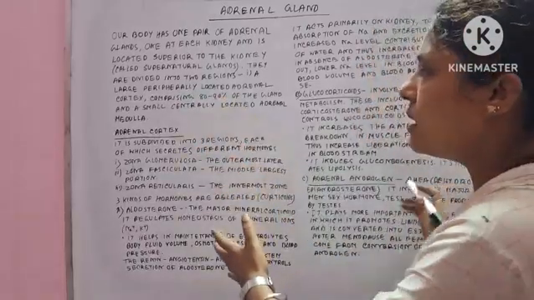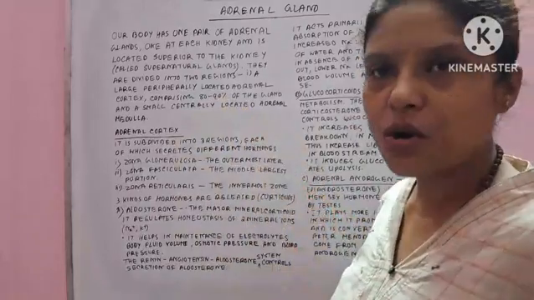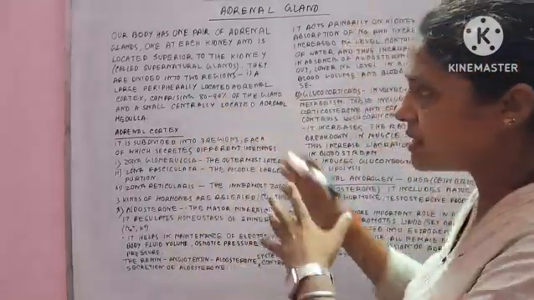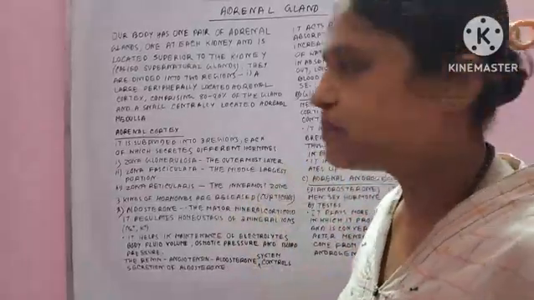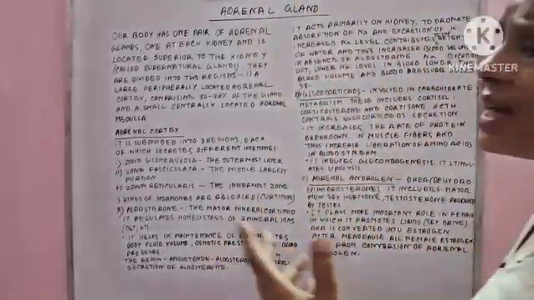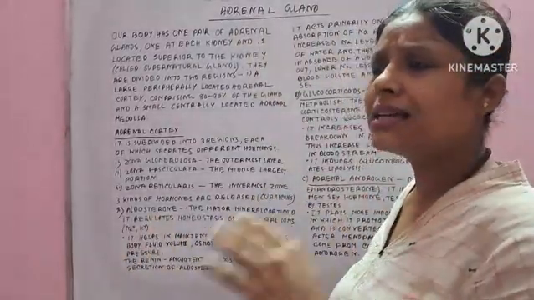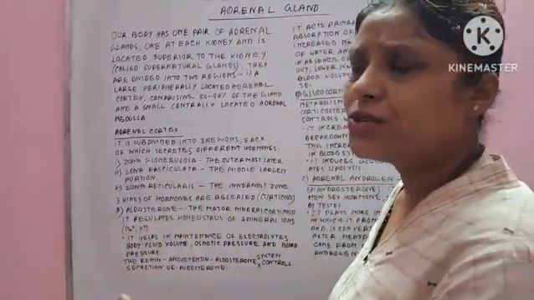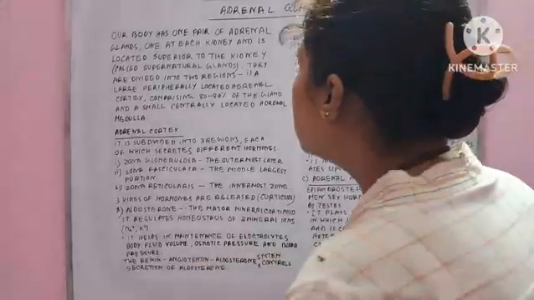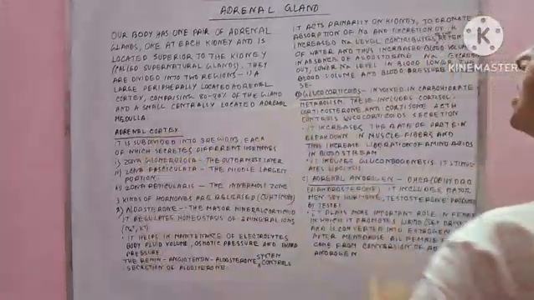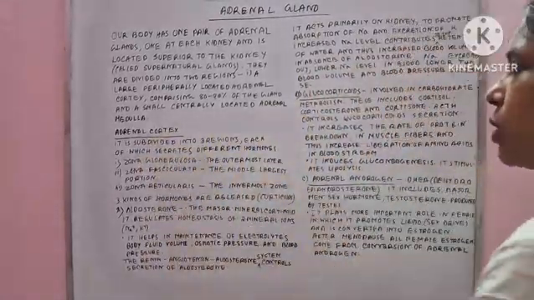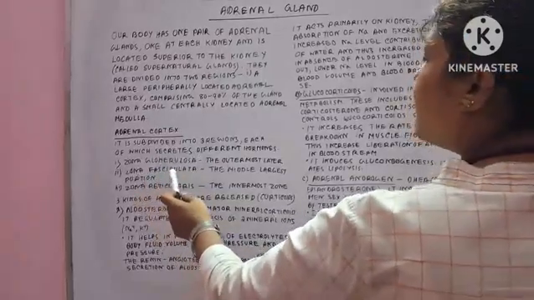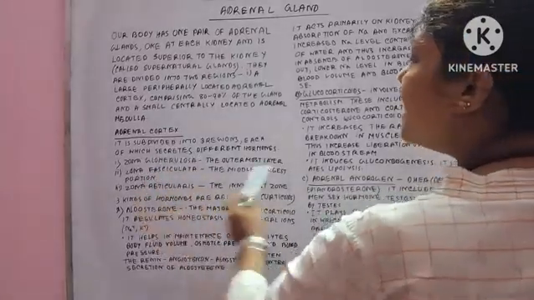So here the topic is only the adrenal cortex, and I will explain the hormones related to the adrenal cortex and its structure. The adrenal medulla I will try to explain in my next video. Okay, so what is the adrenal cortex? It is subdivided into three regions: zona glomerulosa, zona fasciculata and zona reticularis.